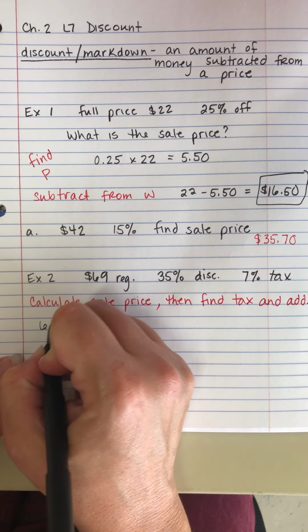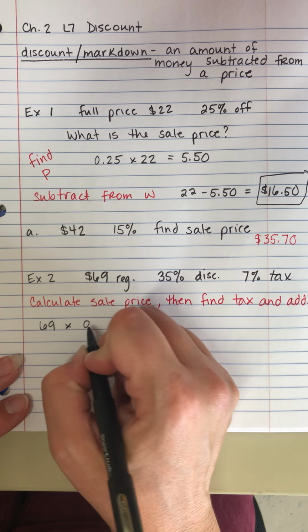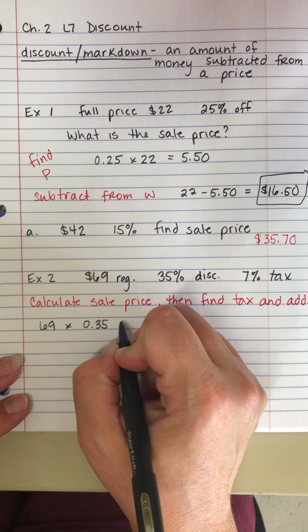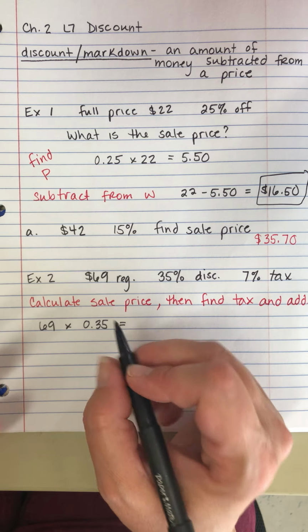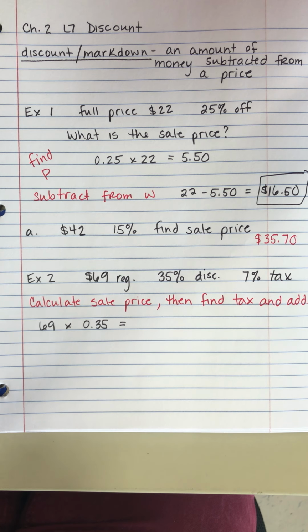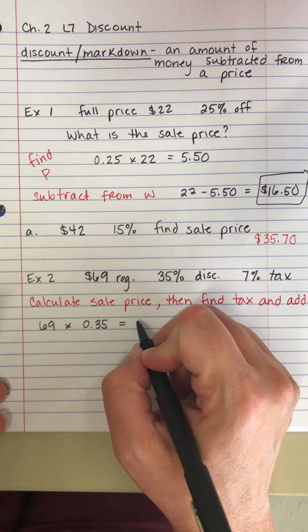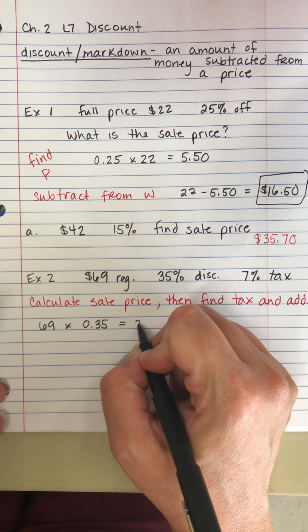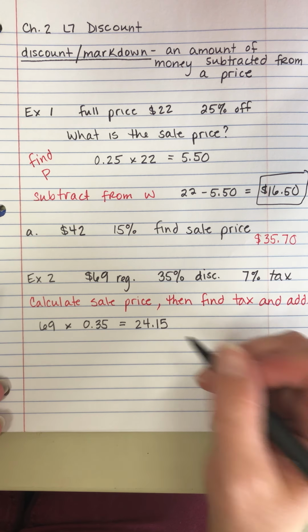Okay, 69 times 0.35 is $24.15. So that's the discount.